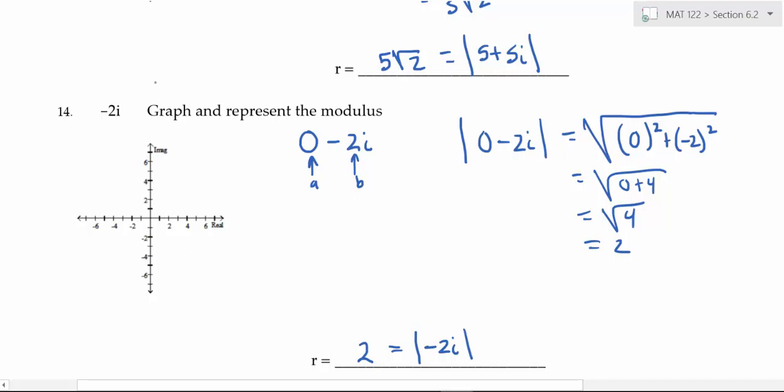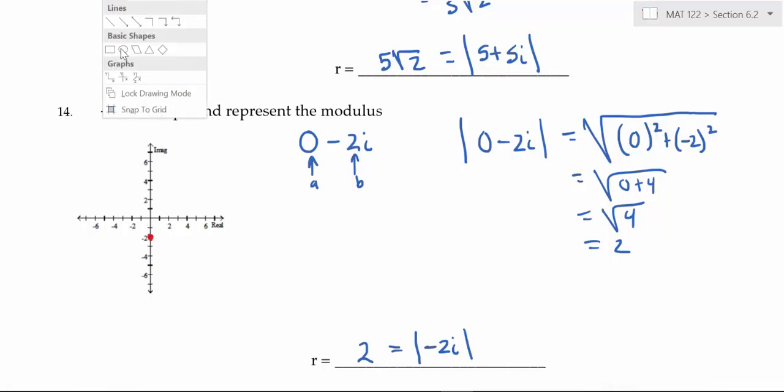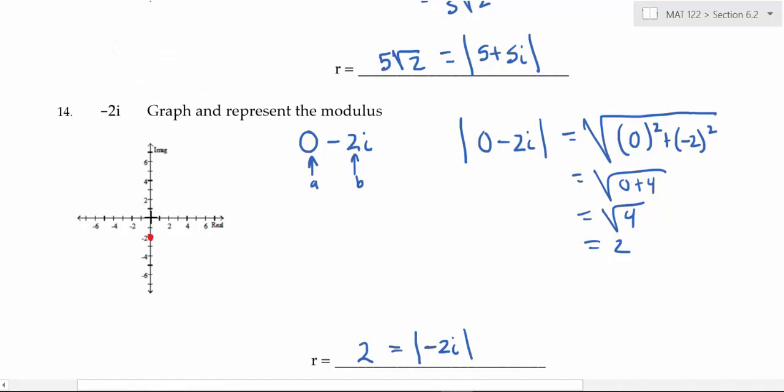Okay? So when you plot this point, you would have gone just straight down on the axis like that. And again, you're finding the radius of a circle that has a radius of 2, like this. It's kind of tedious to draw that circle on there, but you get the point. So all you're looking for is this radius.